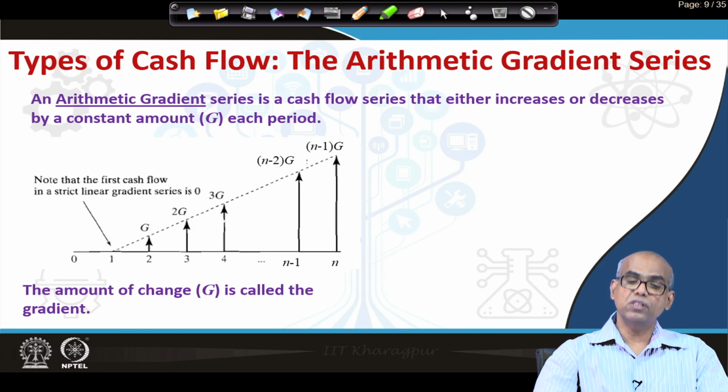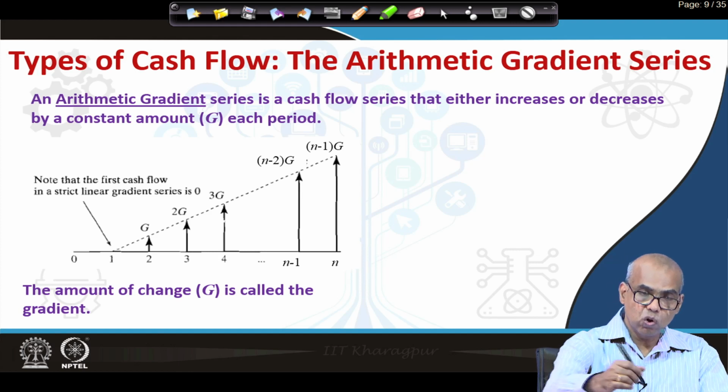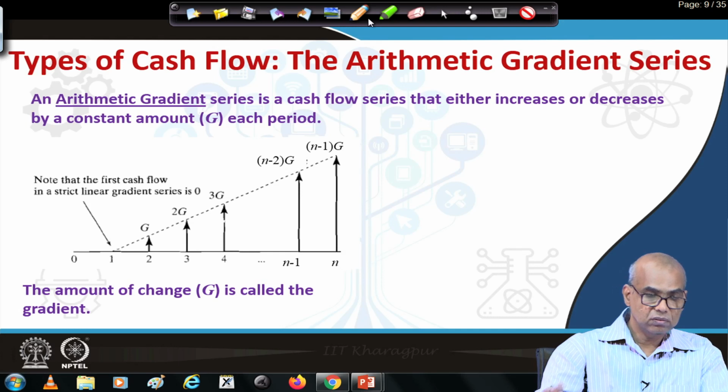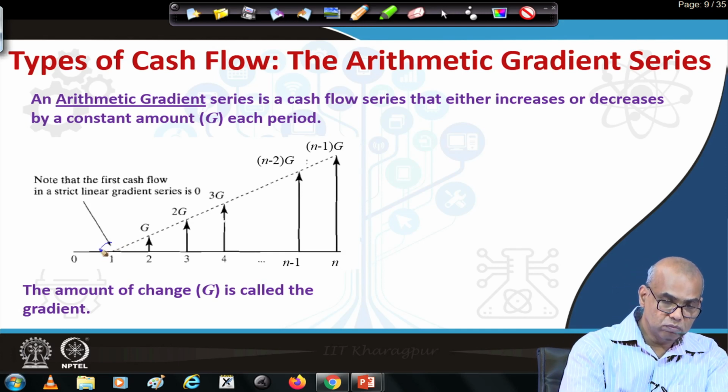The arithmetic gradient series. An arithmetic gradient series is a cash flow series that either increases or decreases by a constant amount each period. So, the amount of change which remains constant throughout is called the gradient. Look at the cash flow diagram. Note that the first cash flow is 0.